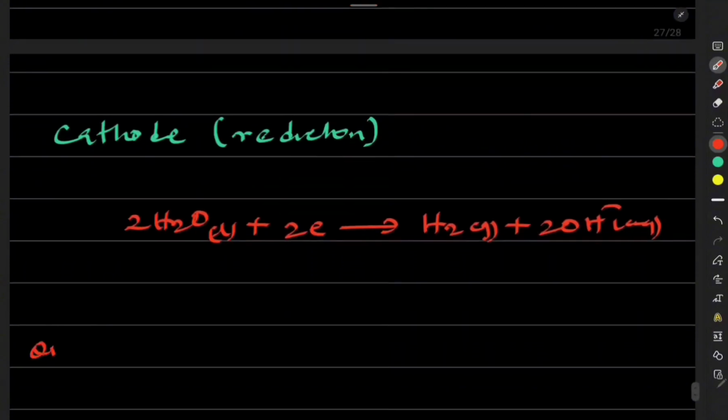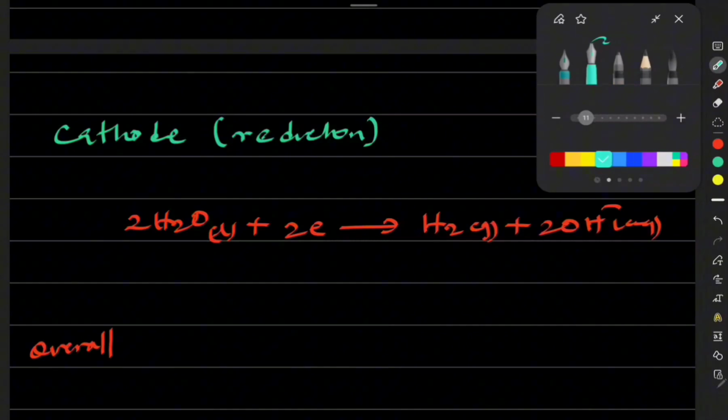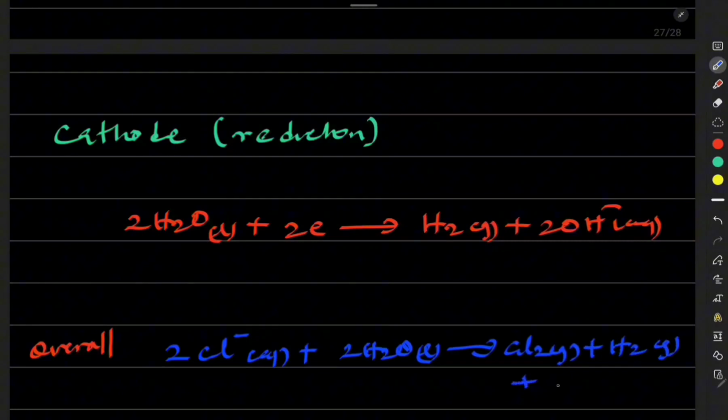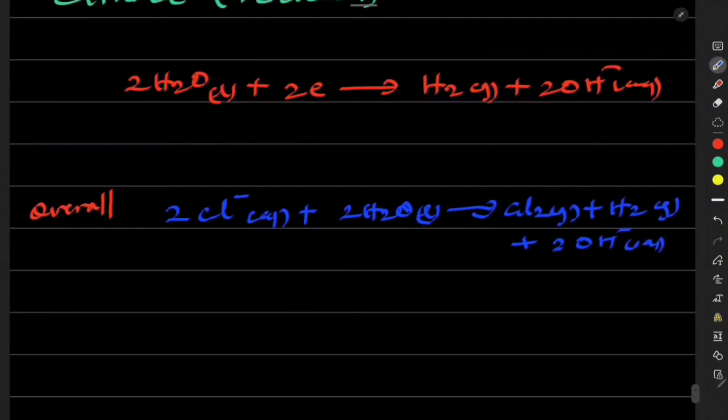The overall reaction is 2Cl minus aqueous plus 2H2O liquid forms Cl2 gas plus H2 gas plus 2OH minus aqueous. And that's all for electrolysis of sodium chloride using inert electrodes.